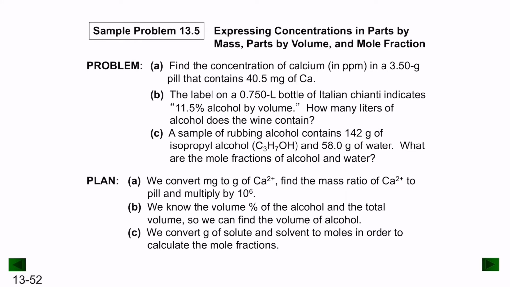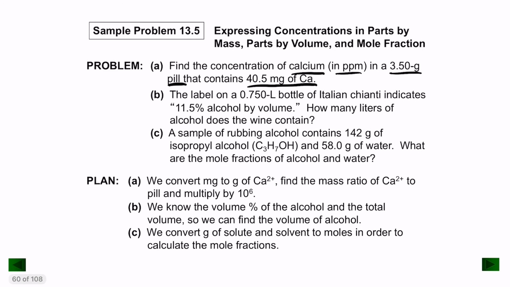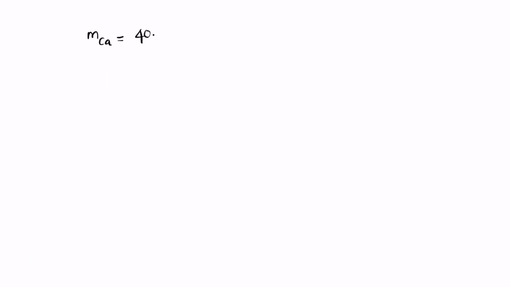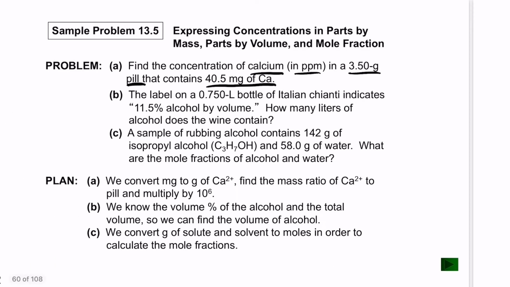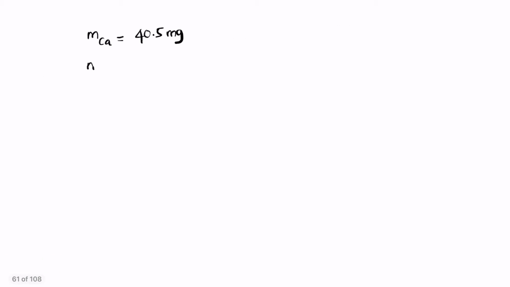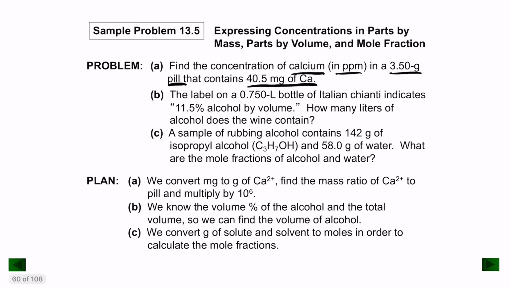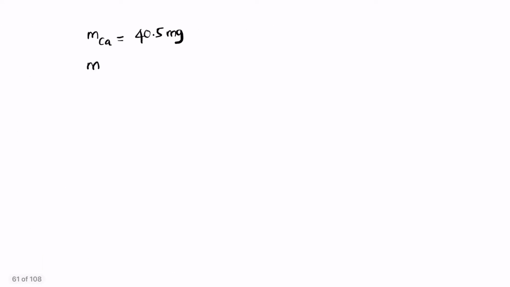They're asking us to find the concentration of calcium in ppm in a 3.50 gram pill that contains 40.5 milligrams of calcium. So the mass of calcium in the entire tablet is 40.5 milligrams, and the total mass of the tablet is 3.50 grams.